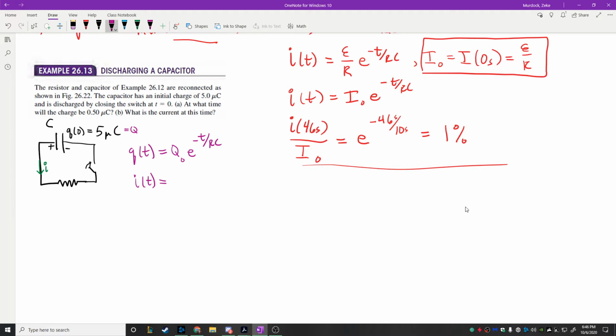But I think, again, we can basically just take the derivative here. The difference is we need a 1 minus t over RC here, right? Because at t equal to 0... Oh, no, this works out.